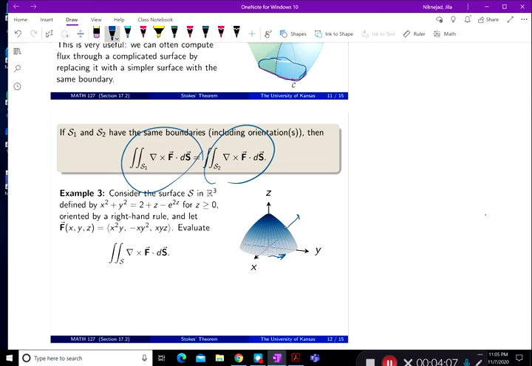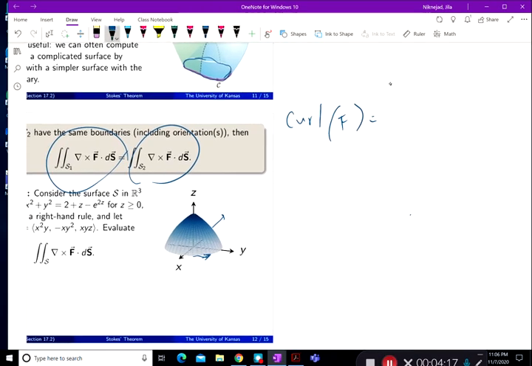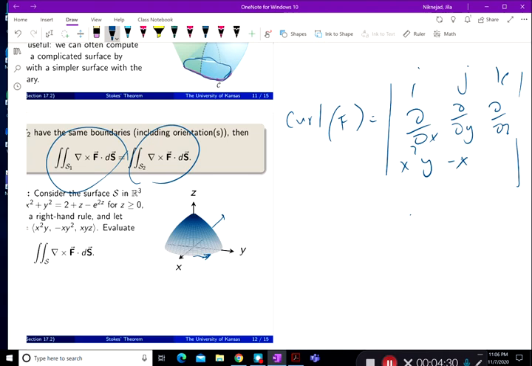So first thing, I know that I have to compute the curl of F. So let's find the curl of F. The curl of F is going to be equal to the determinant with i, j, k, partial with respect to x, y and z, of x squared y, negative x y squared, x y z.